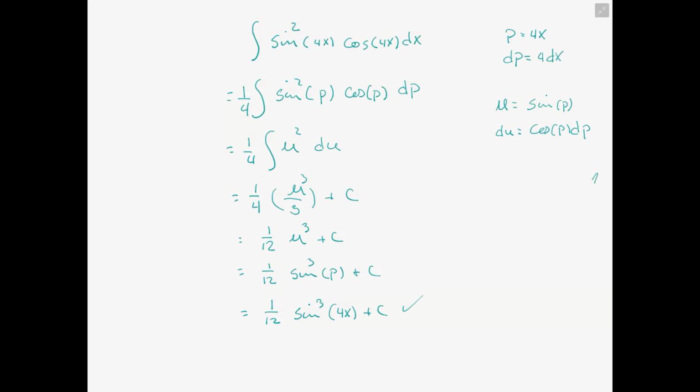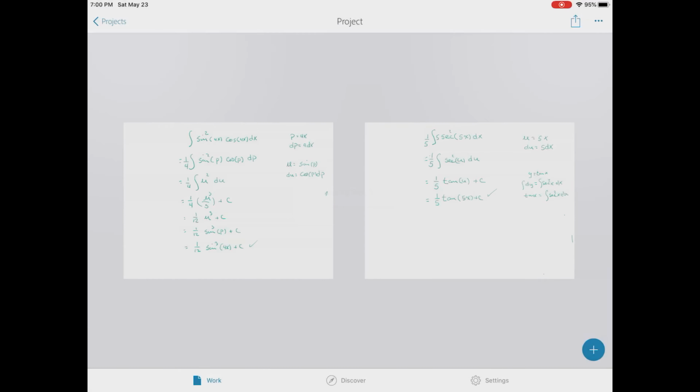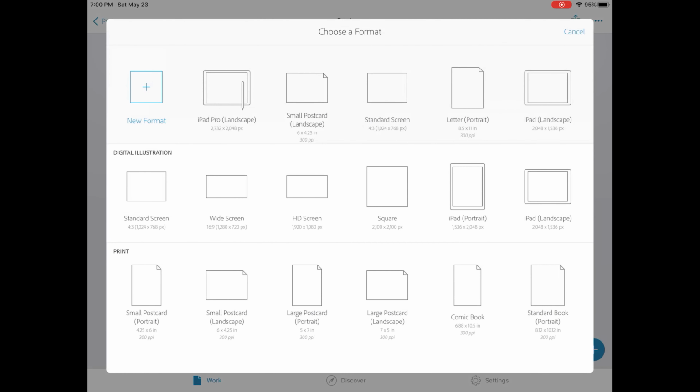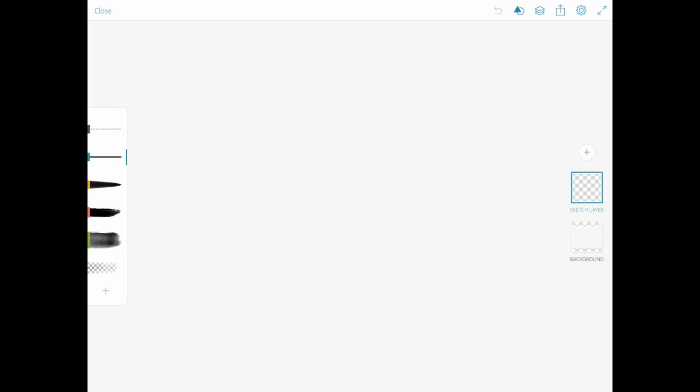So we got 1/12 sine to the third 4x plus c. And that is our answer. That one took 2 substitutions.